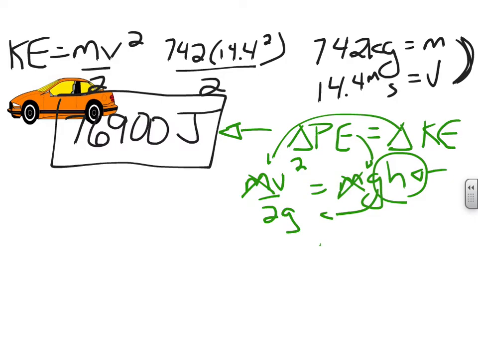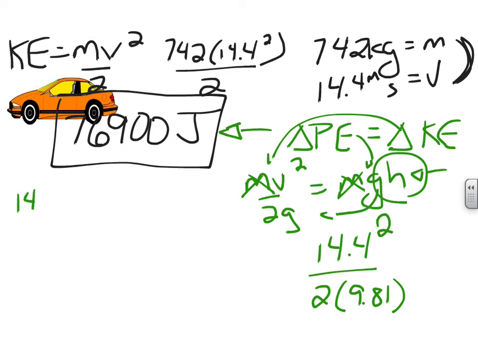Well, the v squared, we already figured out the car was going 14.4 before we started going up the hill. So if you use fraction mode on your calculator, make it look just like that. If you're not using fraction mode on your calculator, you want to go 14.4 squared divided by 2 and divided by 9.81.